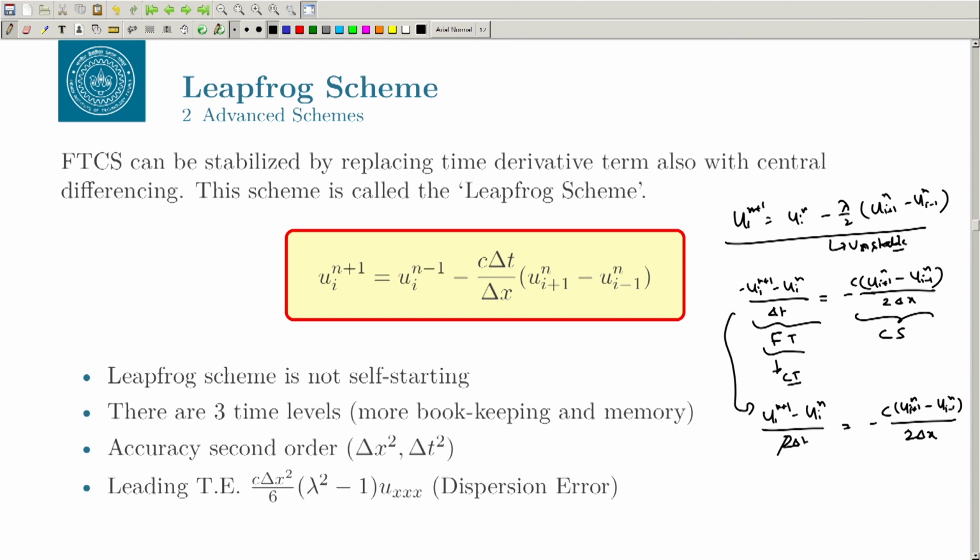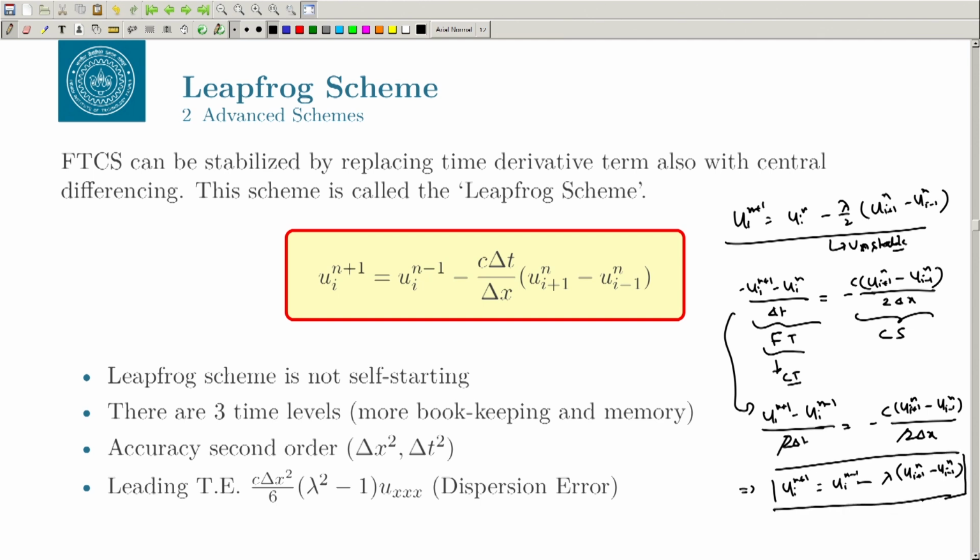This 2 will cancel out, and then you can write u_i^(n+1) = u_i^(n-1), because you are using central differencing, minus lambda (u_(i+1)^n - u_(i-1)^n), where lambda is c delta t by delta x. So, this is our scheme.